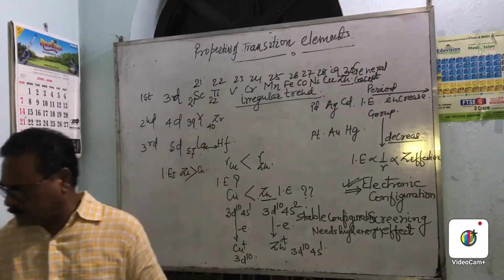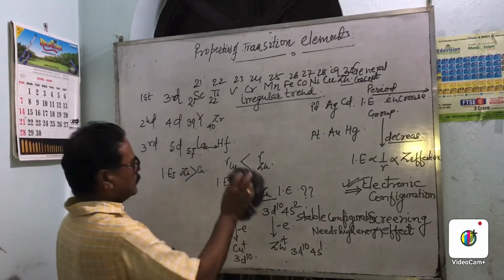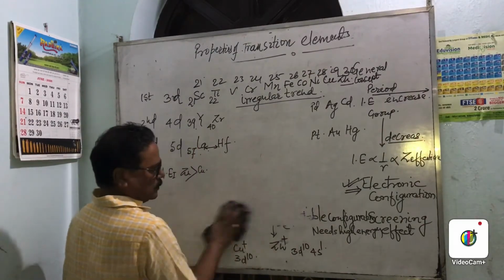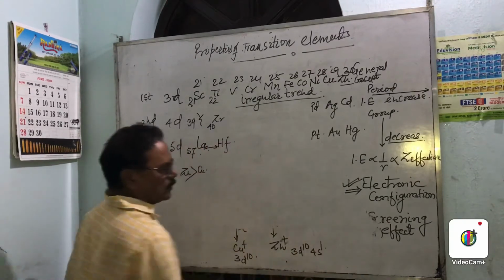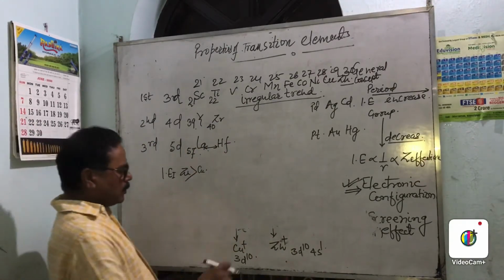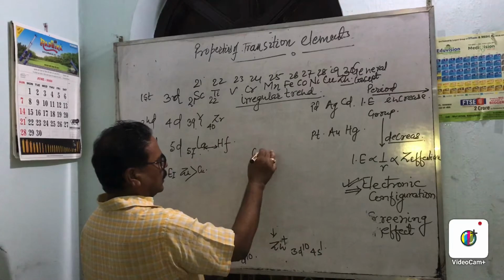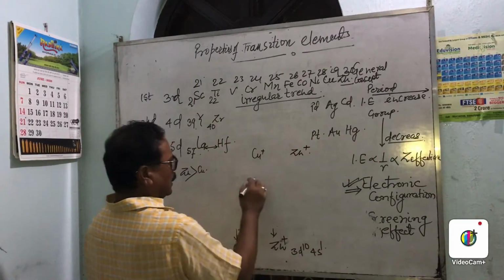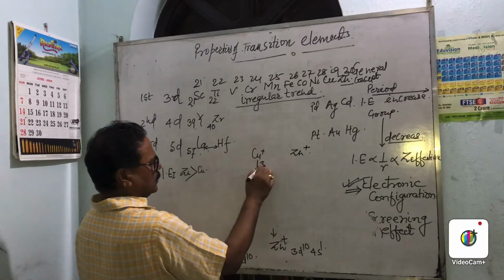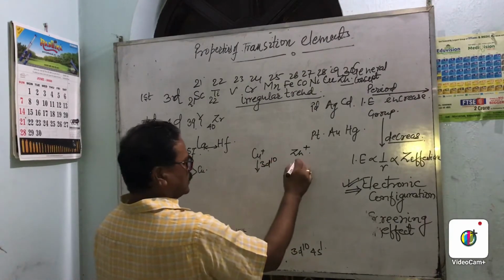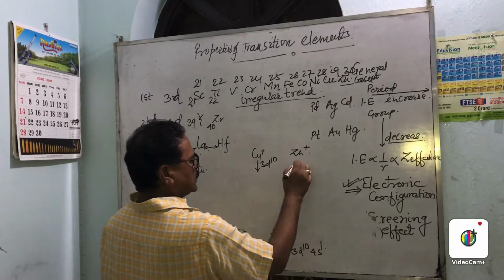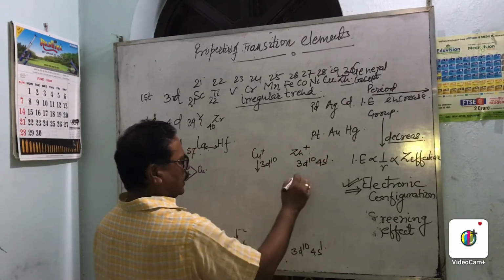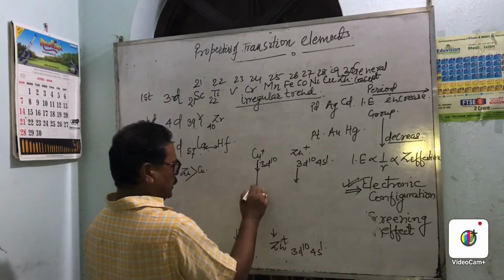If we talk about the second ionization energy, Cu+ and Zn+: Cu+ has configuration 3d10, and Zn+ has 3d10 4s1. Again, to remove an electron needs energy.